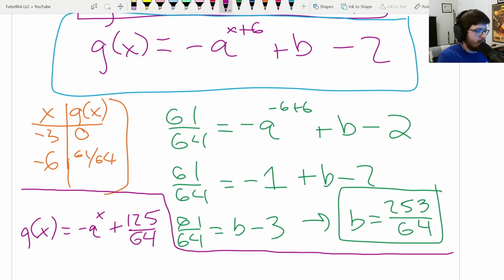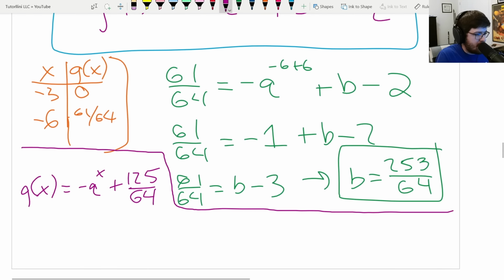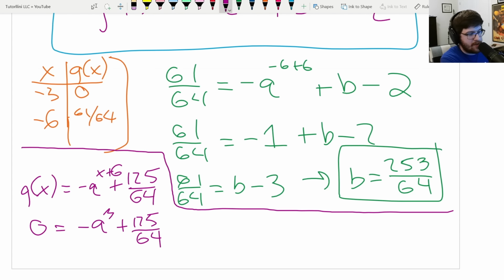Okay, great. So now we're ready to plug in the (-3, 0). So this is 0 equals -a to the power of -3 plus 6. So -3 plus 6 is 3. Running out of space here, guys. I'm trying to show less work.